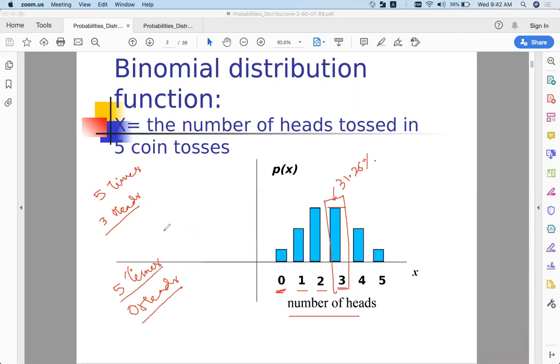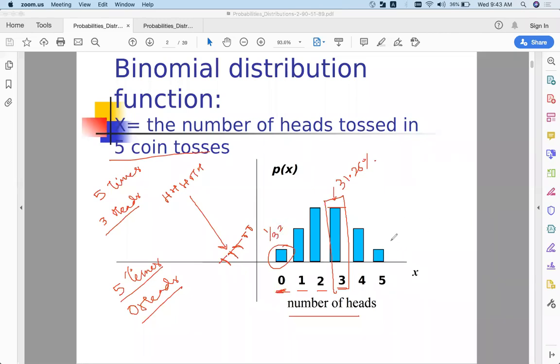That's 1 by 32, because there is only one case where there are 0 heads. So you have 32 total outcomes, and the last one is where you have 0 heads, correct? So T. So what this particular bar here represents is exactly 0 heads when you flip a coin 5 times. So the probability is 1 by 32.